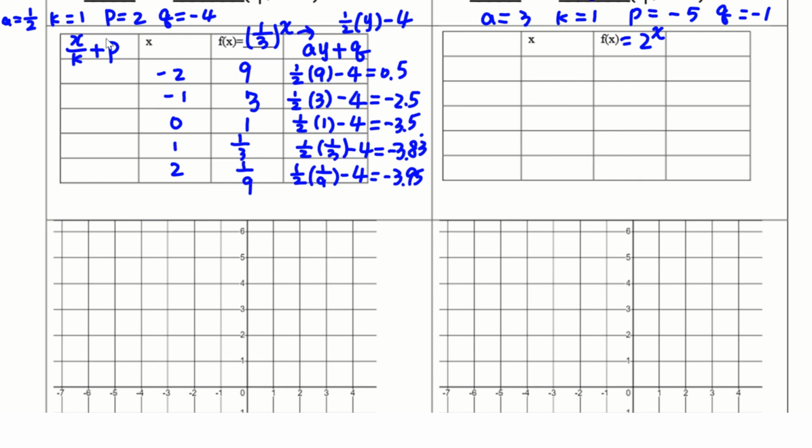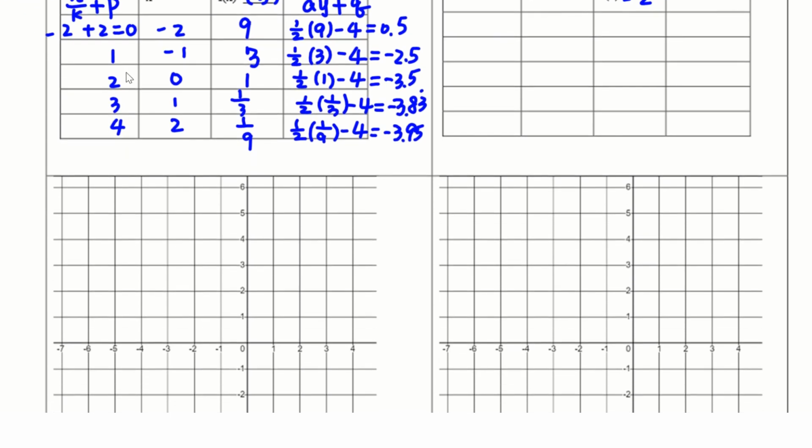And for the x, -2 divided by 1 divided by is just nothing, so just +2 is 0. So all these numbers +2: 1, 2, 3, 4. Then you could use these new points to do the graph. So x equals 0, y equals 0.5, and x equals 1, y is -2.5.